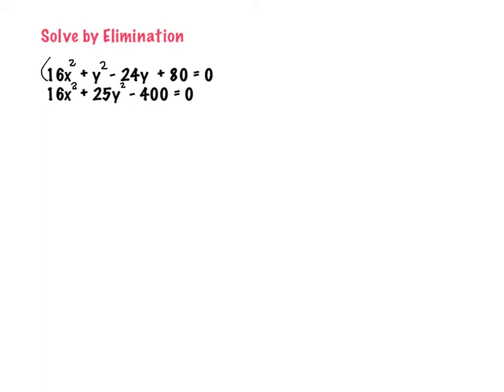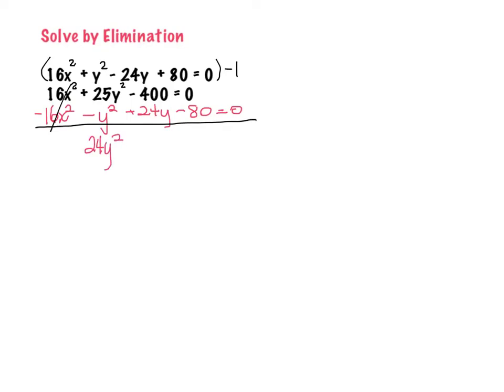So I need to eliminate all my x's or all my y's, and I can see if I multiply this top equation by a negative 1, what I'm going to have is negative 16x squared minus y squared plus 24y minus 80 equals 0. And I now can add those together, and my 16x squares cancel. I'm left with 24y squared plus 24y minus 480.